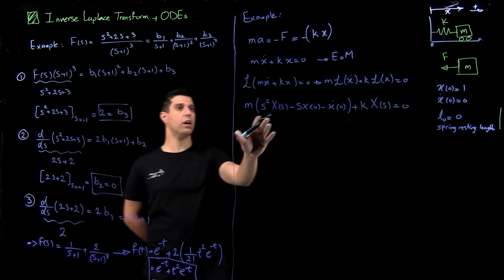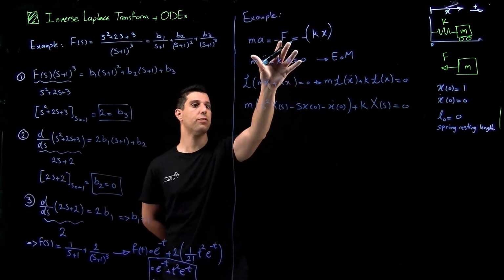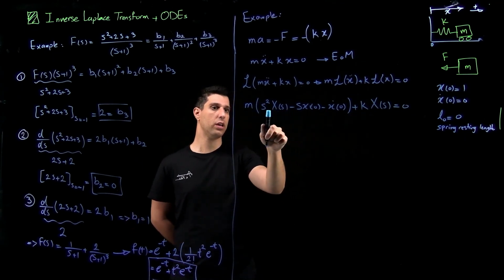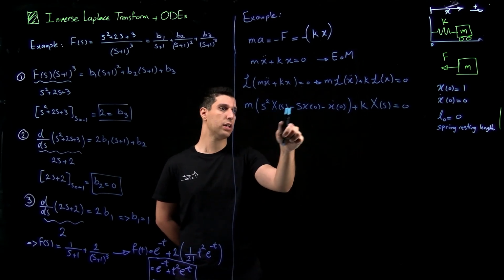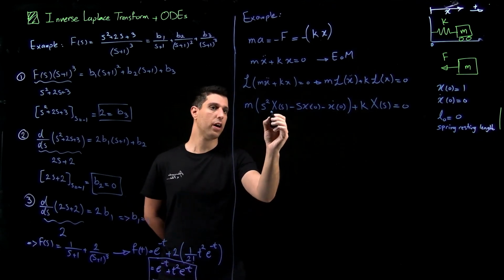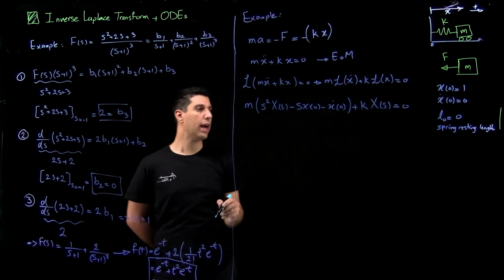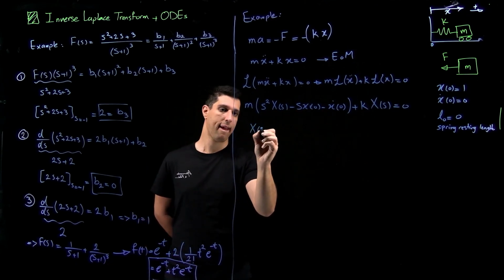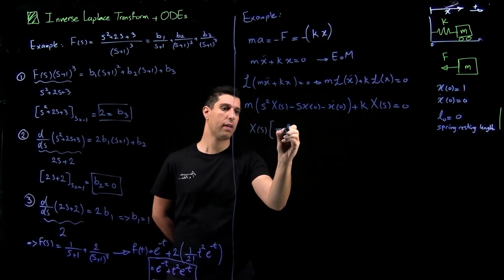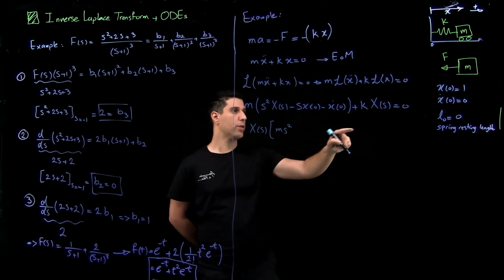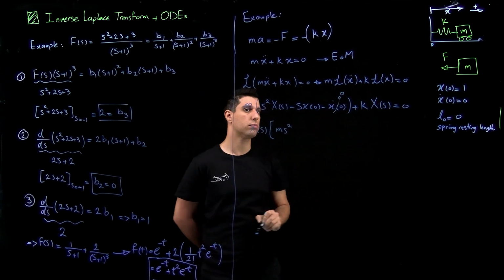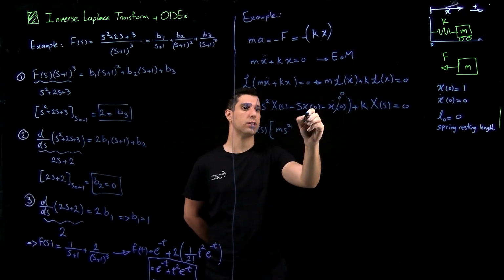Now you see the power of the Laplace transform. We transform the differential equation to an algebraic equation involving the function of s, X(s), and some numbers and the variable s. So if I isolate or factor X(s), I have ms squared. Or before that, from the initial conditions, x dot of 0 we said is 0, x of 0 we said is 1.